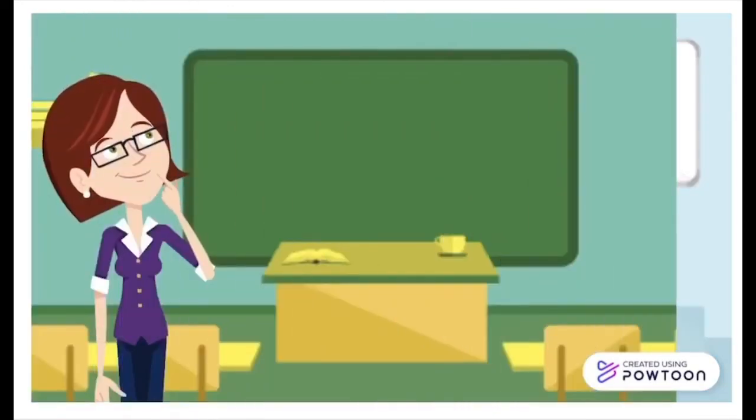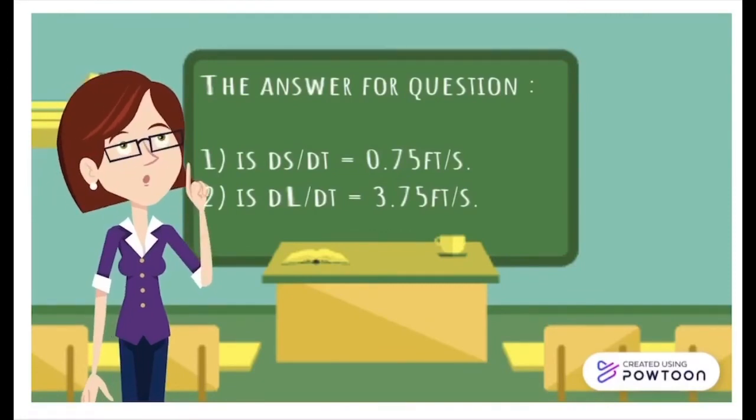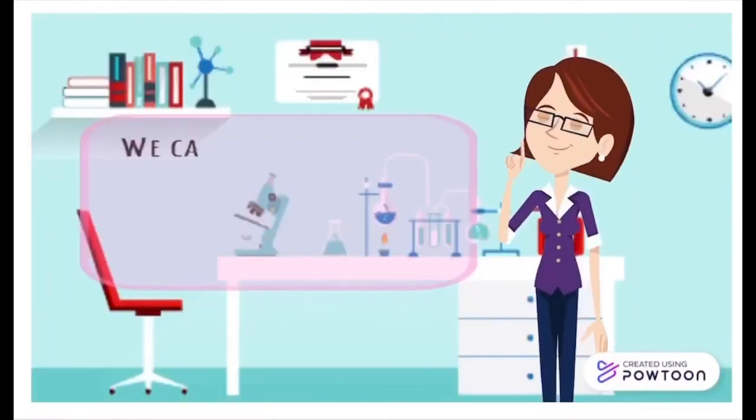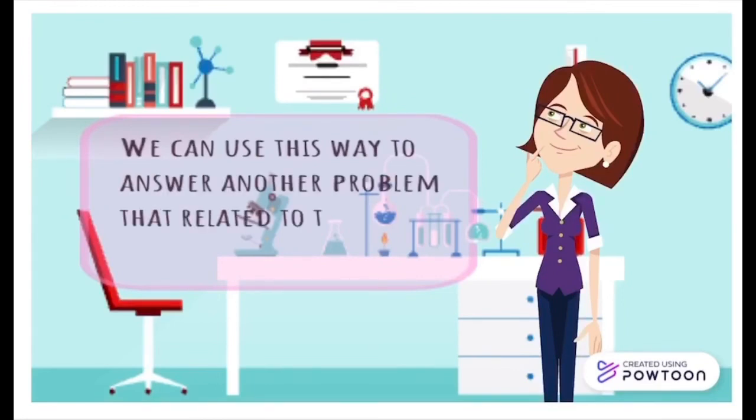The answer for question 1 is ds over dt is 0.75 feet per second. And for question 2 is dl over dt is 3.75 feet per second. We can also use this way to answer another problem that is related to problems in our daily life.